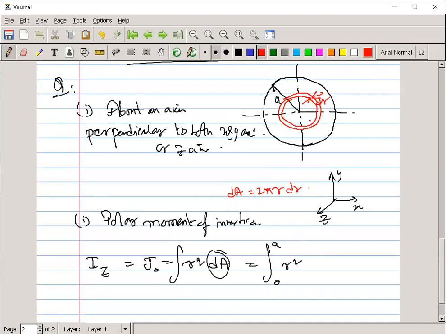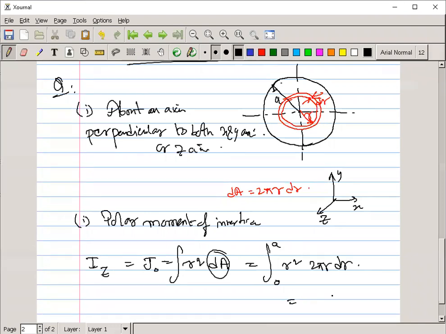Clear? Means at a distance r we take a small elementary stripe of dr, so the perimeter, that is 2 pi r, or we can say simply the length of that circular section, and the dr, so this is 2 pi r dr. Clear?